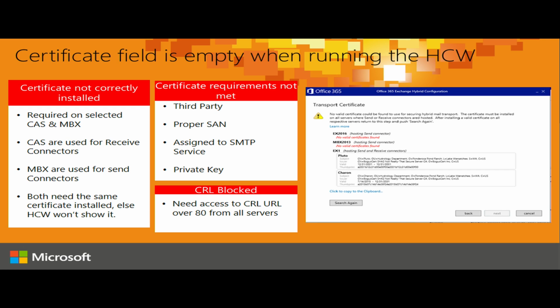It goes to the VeriSign CRL or the DigiCert CRL. Some customers actually block their port 80 or internet access from their Exchange servers. So when you look at the certificate, there's a red error there that it cannot validate the CRL. Therefore, the hybrid configuration wizard would pick that up and it would tell you that that's an issue.